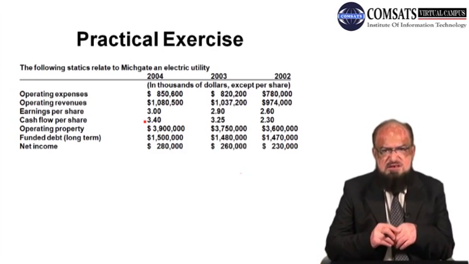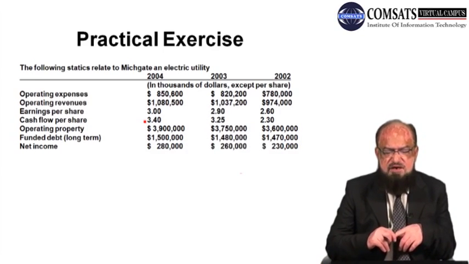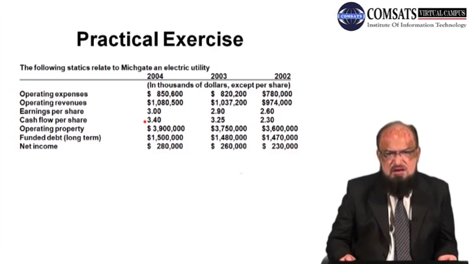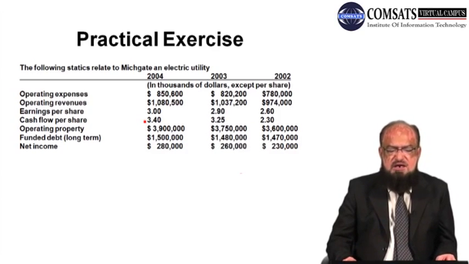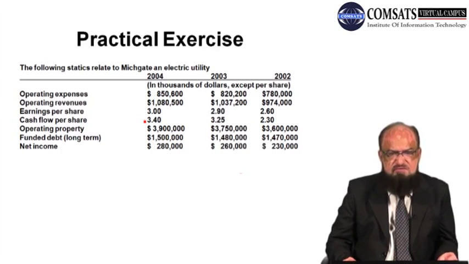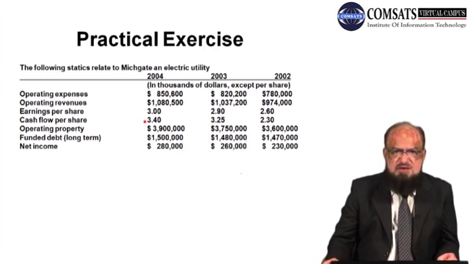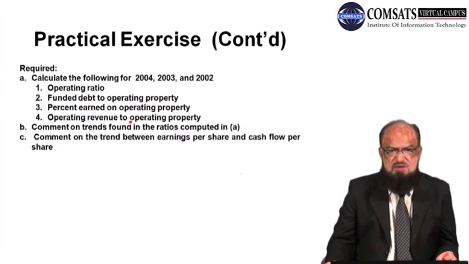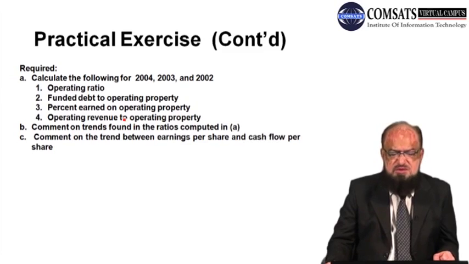Operating expenses, operating revenue for years 2004, 2003 and 2002. Earnings per share are also given. Cash flow per share is also here, and operating property is also given. Funded debt and net income is also given. Now we need to calculate the various items for 2004, 2003 and 2002.